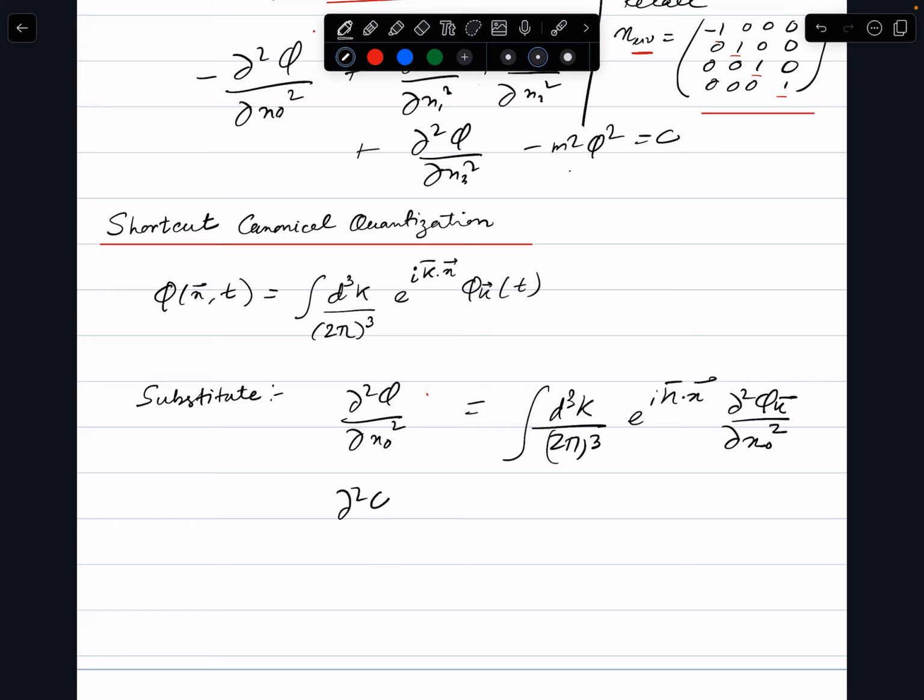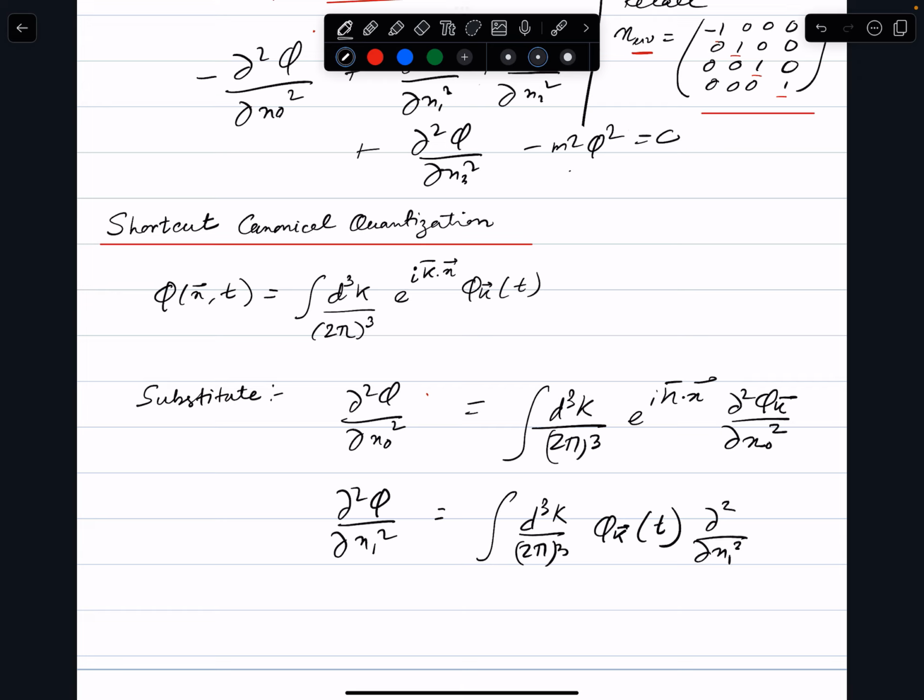And what about del 2 phi del x 1 square? This is d3k over 2 pi cube, and now phi k does not have any x dependence, so phi k remains as it is, and this is del 2 del x1 square of e to the power i k dot x.